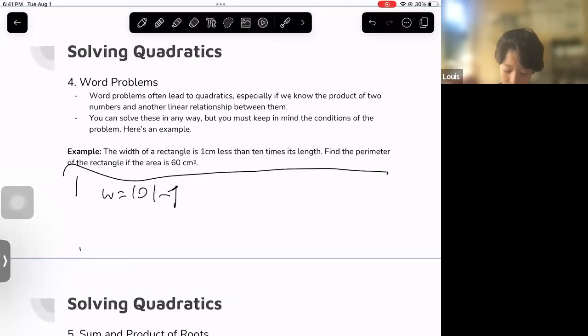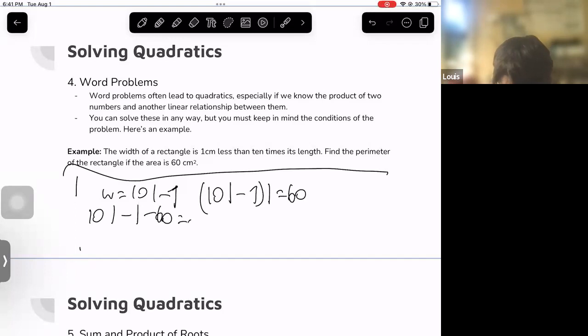So the area is just the width times the length, which is just (10L minus 1) times L, which is 60. So we just have that 10L squared minus L minus 60 equals 0.